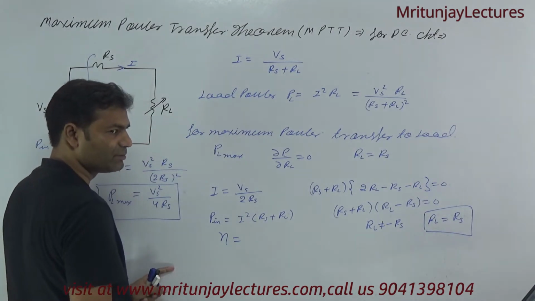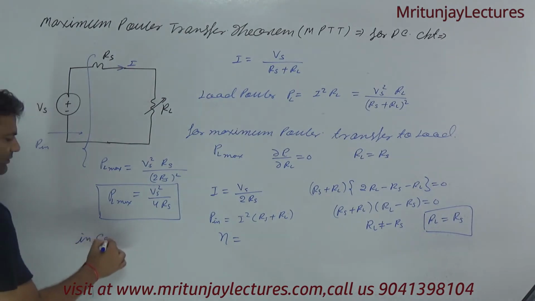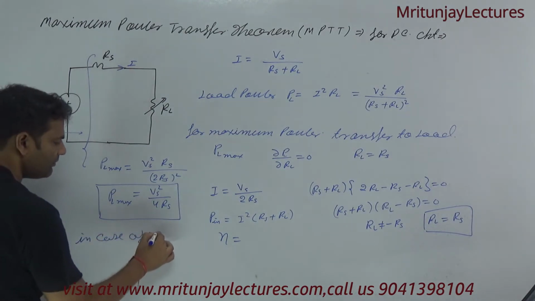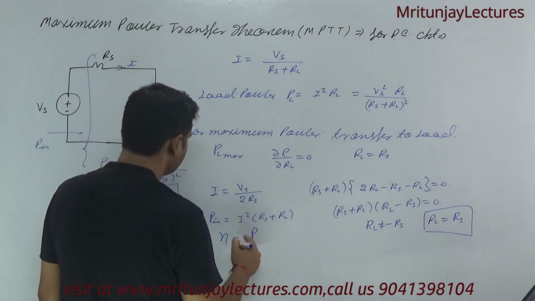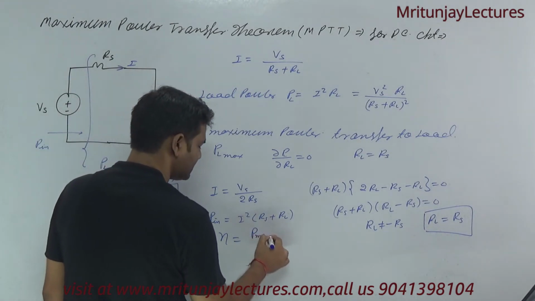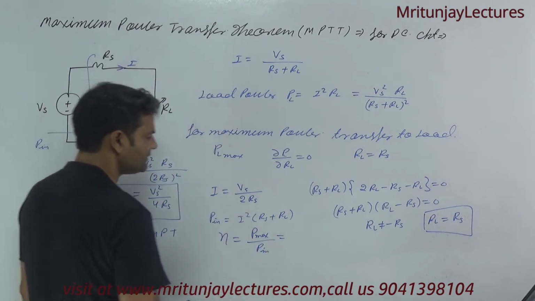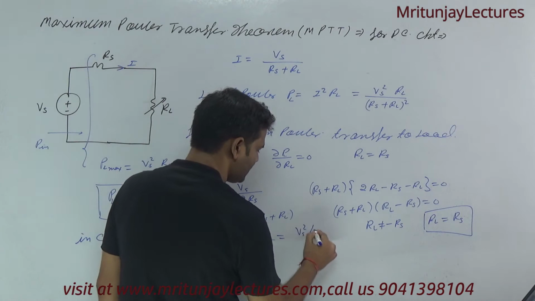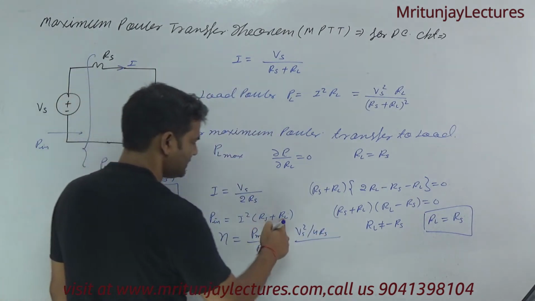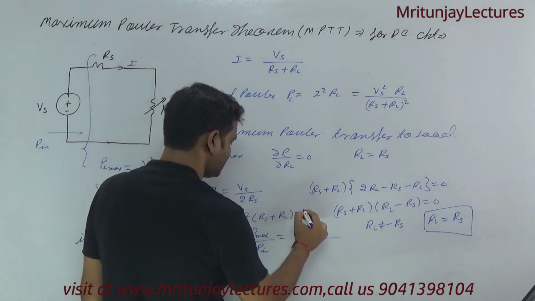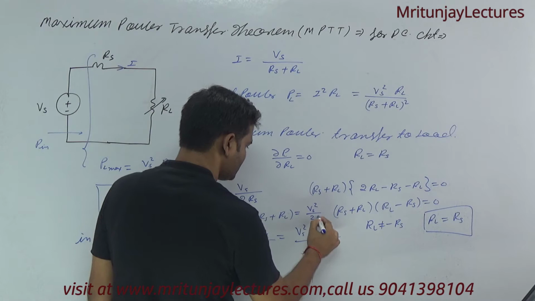In case of maximum power transfer, efficiency is P output, that is P max, divided by P in. So P max is Vs square upon 4 Rs, and P in is I square into (Rs plus RL), which is also Vs square upon 2 Rs.